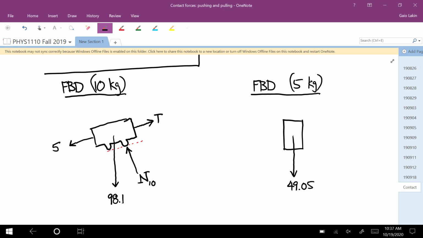There's contact with that cable at the top. Since it's a cable, it's a pulling force, and so the rules say along the line of the cable, away from the chosen body. And since that's the cable, and the only thing it touches is pulleys in between, it has to have the same magnitude of force as that pulling force on the 10. So this has the same name T as the first one. Okay.